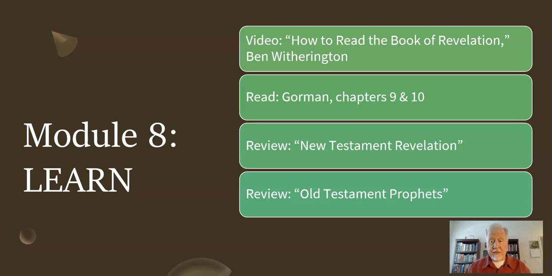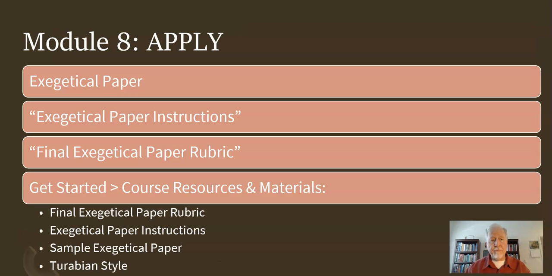In terms of our graded assignments, there are only two this week, but they're the final two, they're the big ones. First of all, you have your exegetical paper. You've been working on it piece by piece, but let me encourage you to download some very, very important documents.